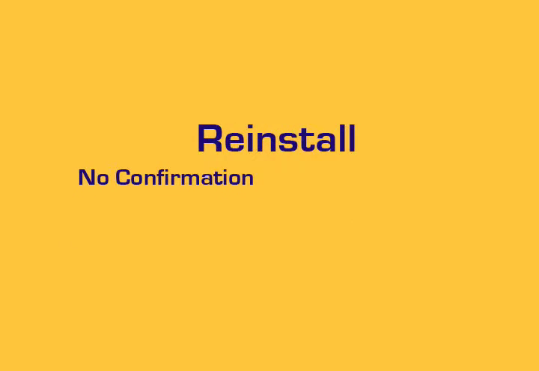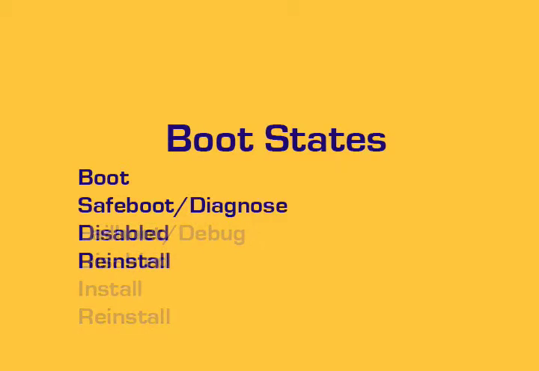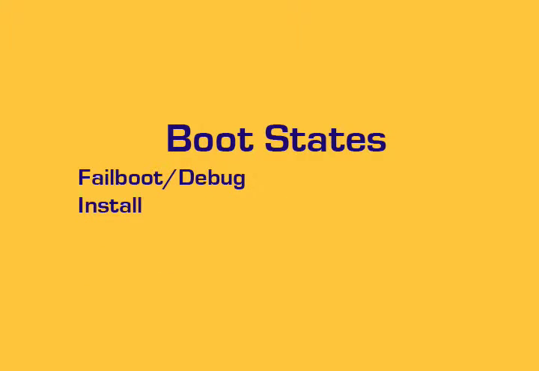Like install, but no confirmation is requested. A tech contact will only put a node into one of the following boot states: boot, safe boot diagnose, disabled, reinstall. Fail boot debug and install are states that a node may be in, but you will not actively change the node into these states.